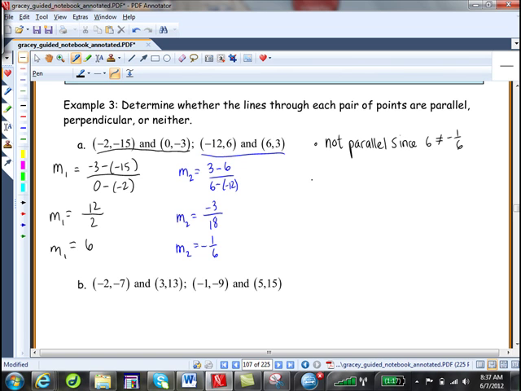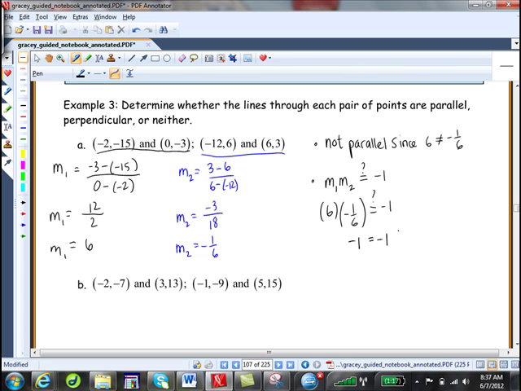Now, this is what we check. Is M1 times M2 equal to negative 1? Well, M1 we got 6. M2 we got negative 1/6. Is that equal to negative 1?